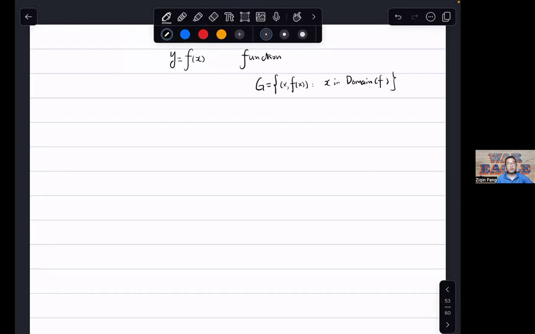Right, you get such a graph. In such a graph, without really sketching it, we want to know when the function is increasing, and we want to know when the function is decreasing.